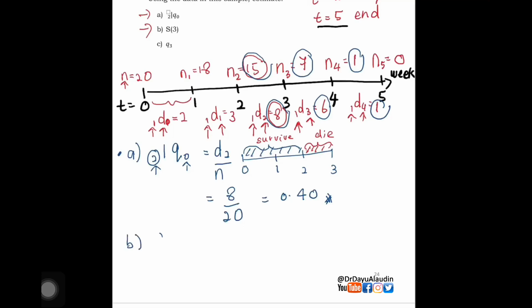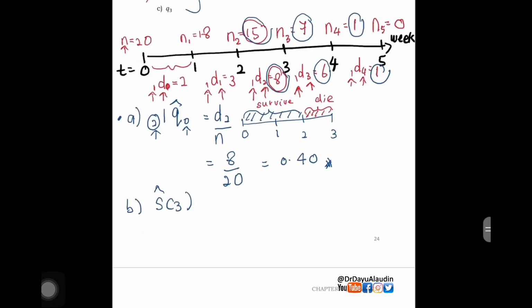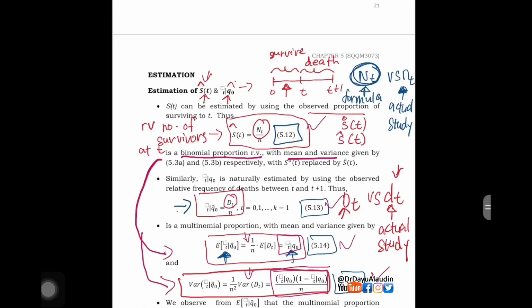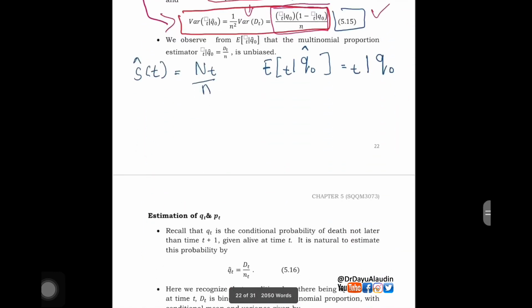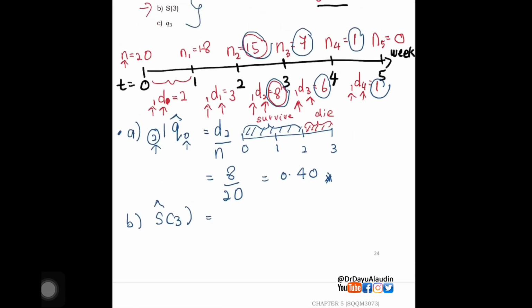Okay, for B, S3. So S3, this is an estimator, so we have to put a hat. In the question, there is no hat because it just states in the sentence. So S3 is equal to nt over n.